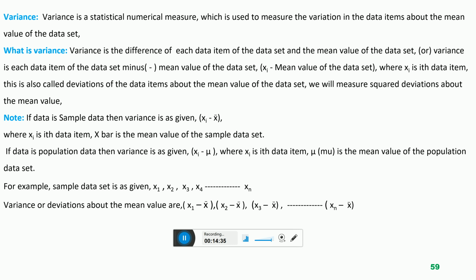I cannot summarize the data because we have n number of different deviations about the mean value. So to interpret the data, to summarize the data, to make the data meaningful, to make a decision about the data, I need one deviation value. I need one variance value.